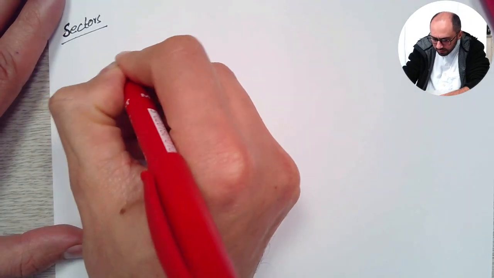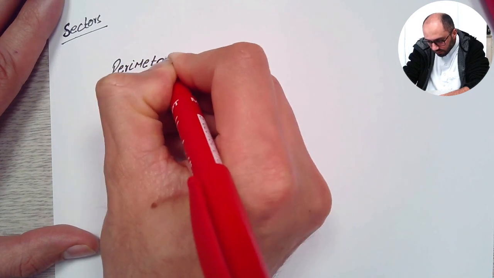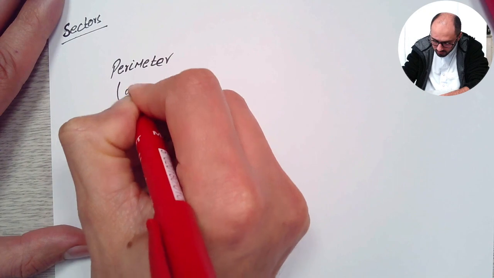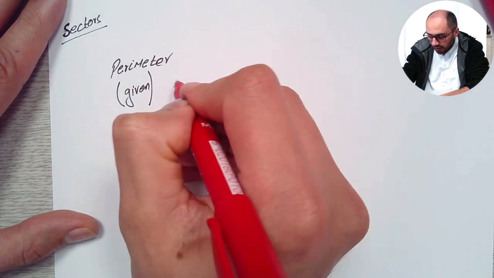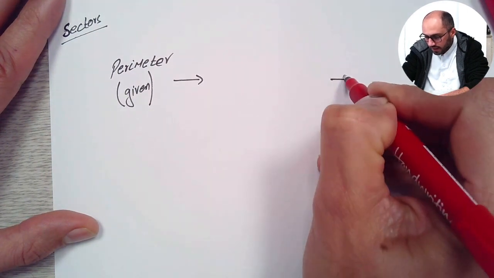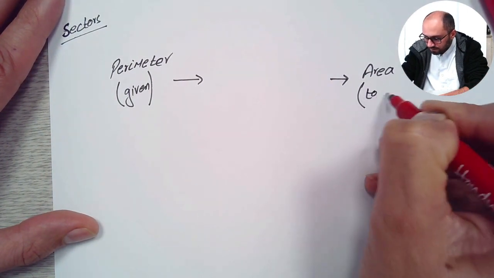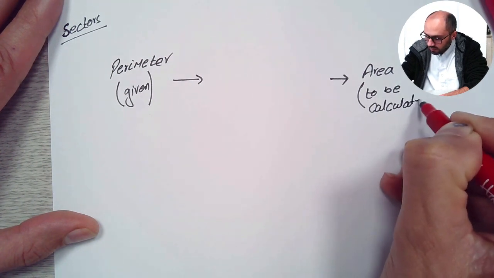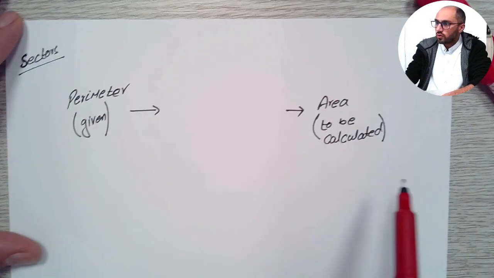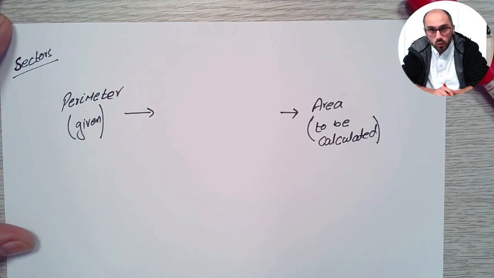They'll give you the perimeter. This will be given to you. You will then have to find the area. This needs to be calculated. Now you can't go from perimeter to area of a sector straight away.